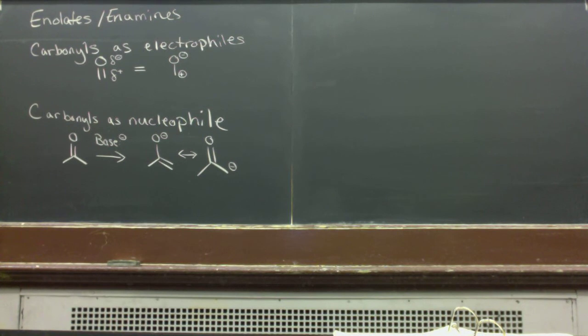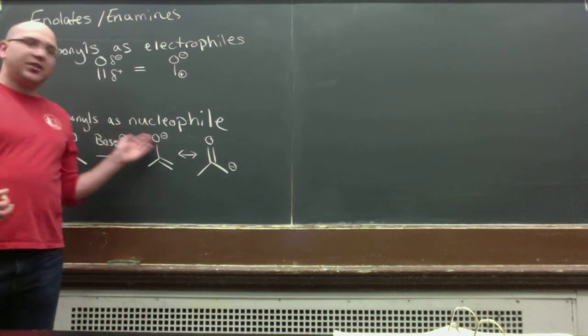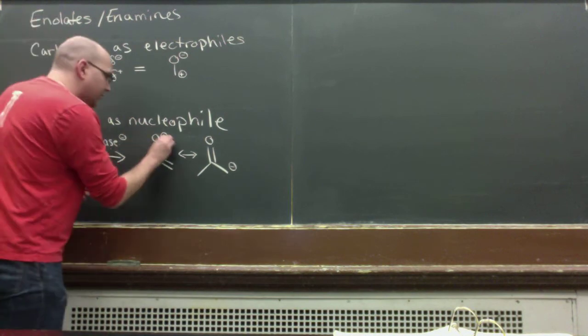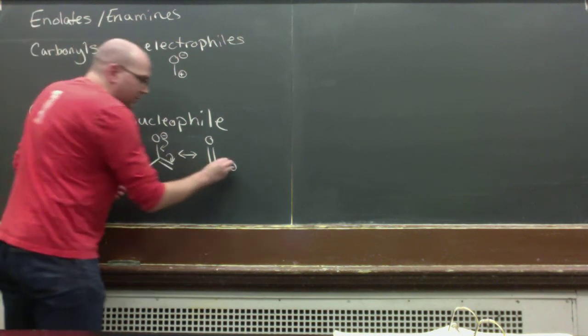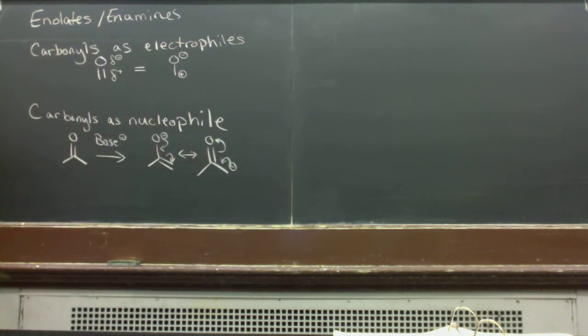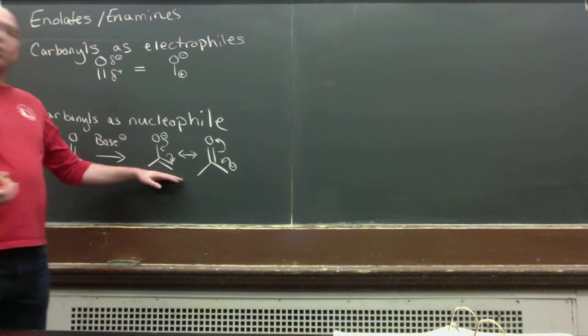You can imagine the enolate as having a negative charge on the oxygen, or a negative charge on the carbon, simply resonating between these 2, back and forth. Now, if I were to ask you right off the bat, which of these 2 do you think is more stable? Which one would you say? First one, why? Yeah, exactly.